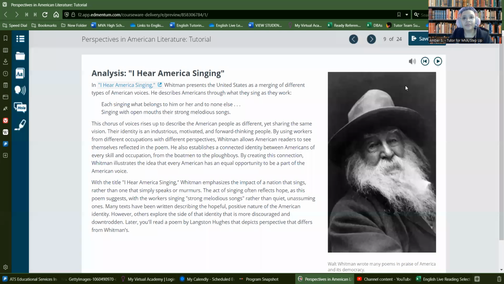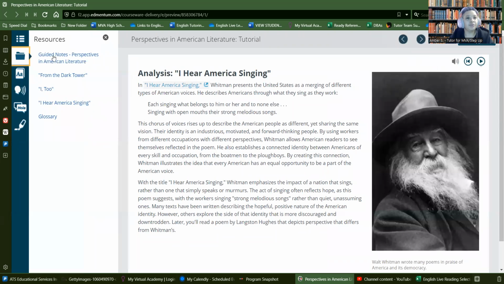If you are having difficulty with Edmentum and you should have access to that slide and you do not, you might want to try clicking on the folder, which gives you resources for the course, and you should be able to open it up from here as well. That's another way that you can open it up.